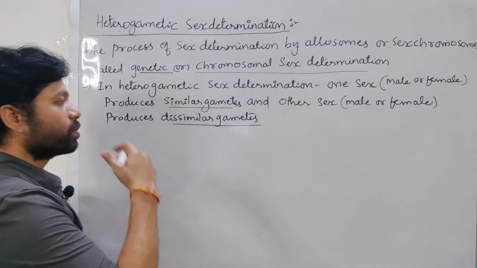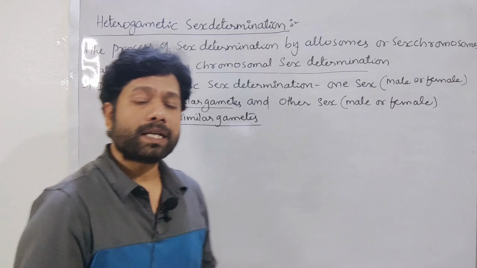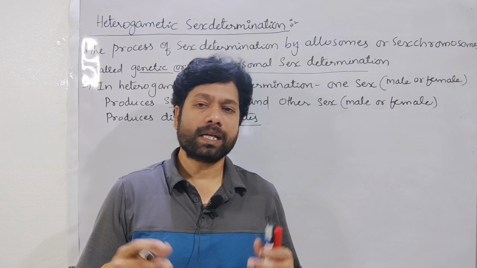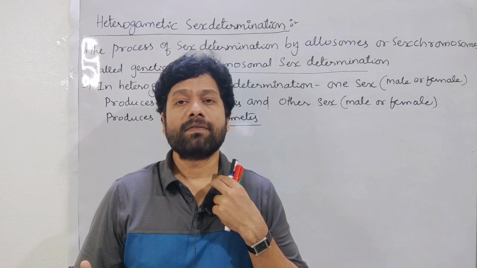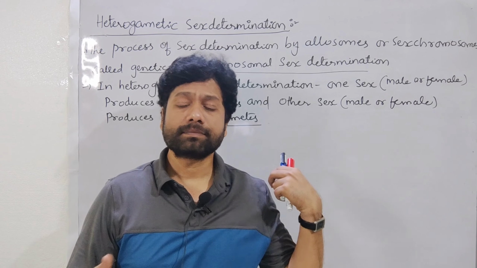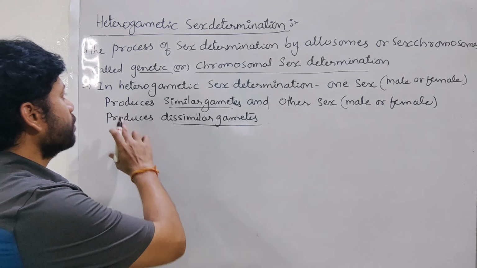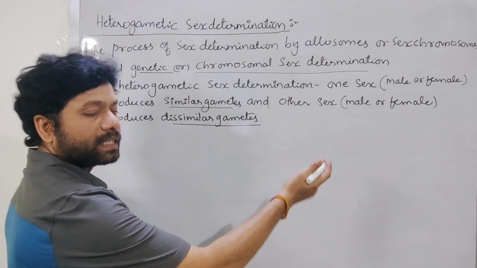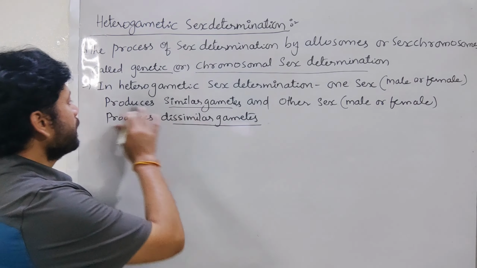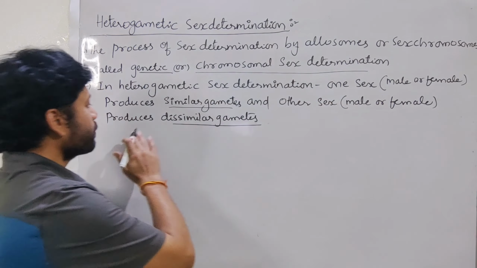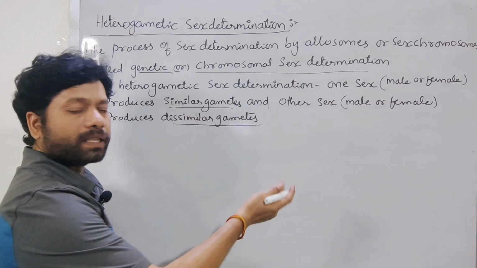That sex is male or female. In some cases, male is the dissimilar and female is the similar. In some cases, female is the dissimilar and male is the similar. So it is heterogamatic sex determination.